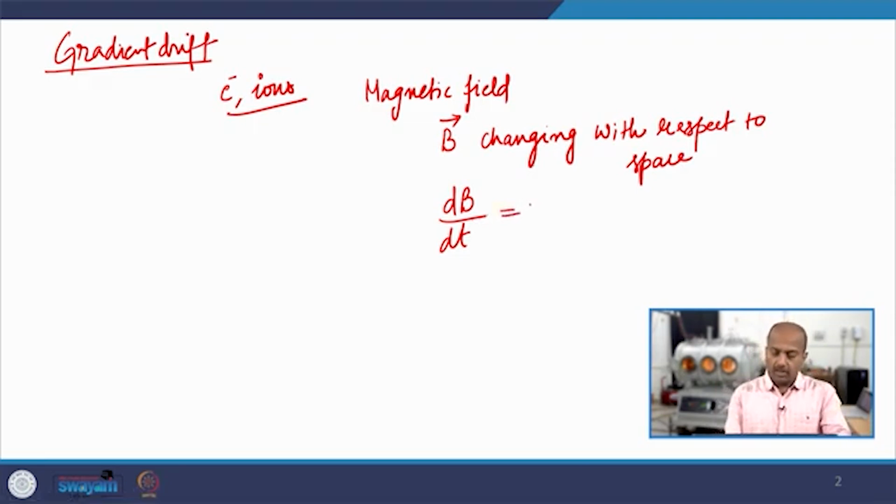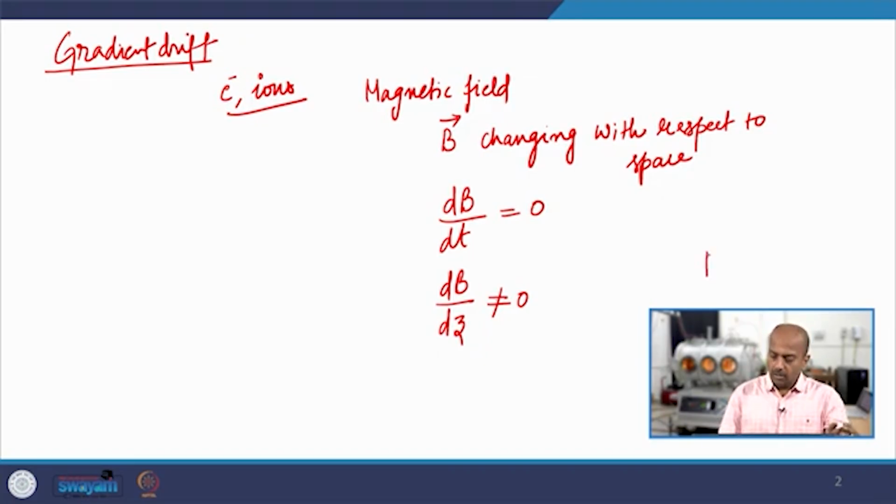That means, the magnetic field is not changing with respect to time, it is constant with respect to time, but the magnetic field, let us say, in a particular direction is not 0. What it means is that it is having a gradient, or the amount of magnetic field that you can find at different points along a particular axis will be different.